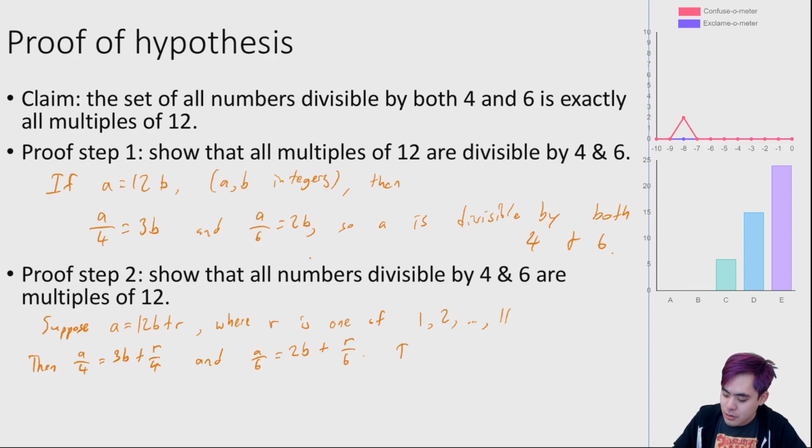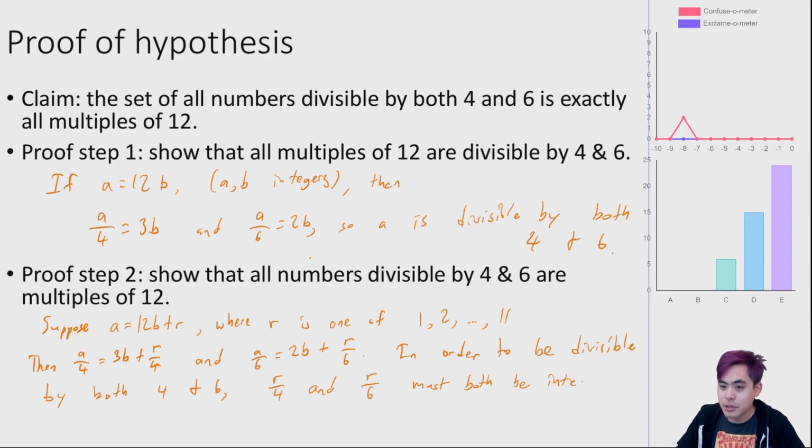So in order to be divisible by both 4 and 6, r over 4 and r over 6 must both be integers. But we can just check for each of our 11 integers.